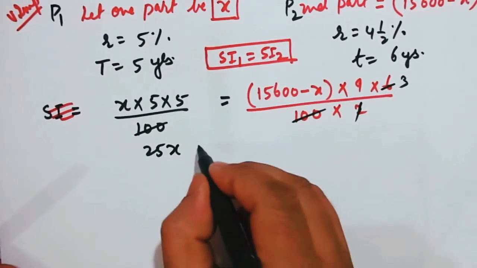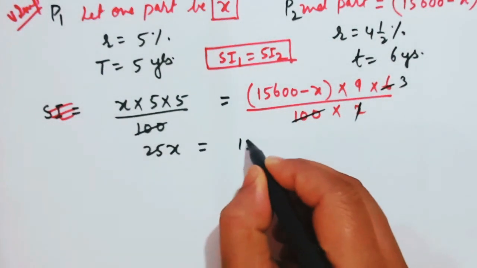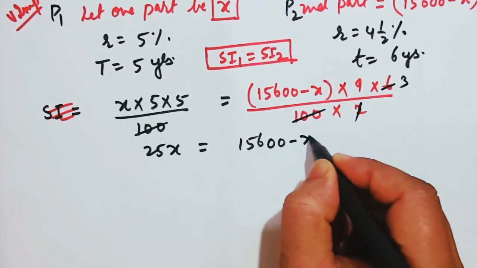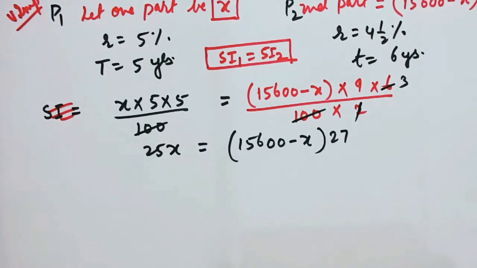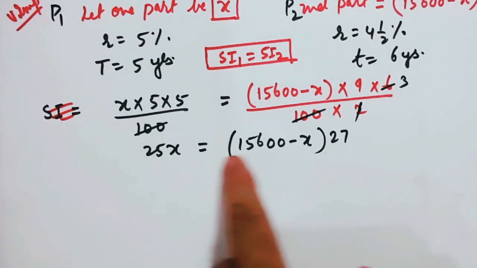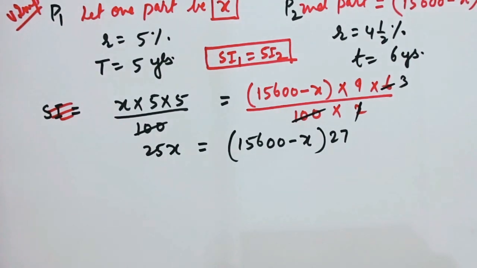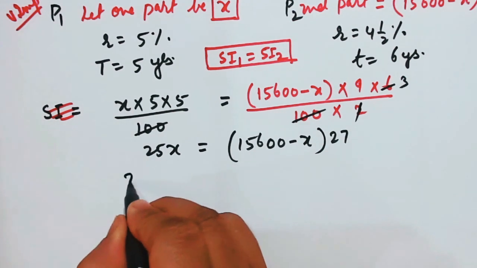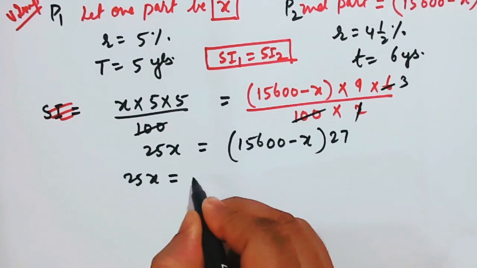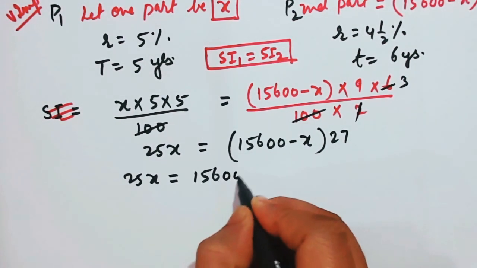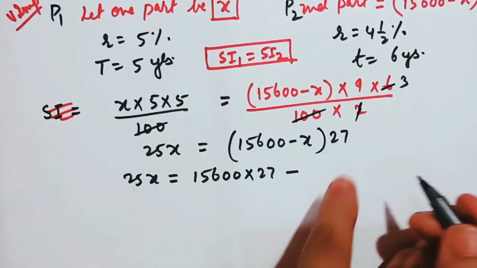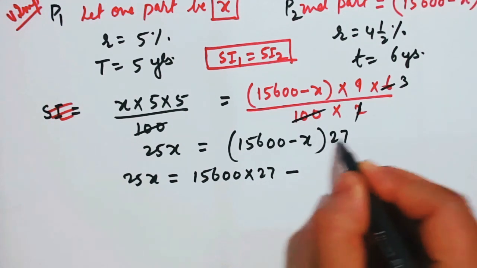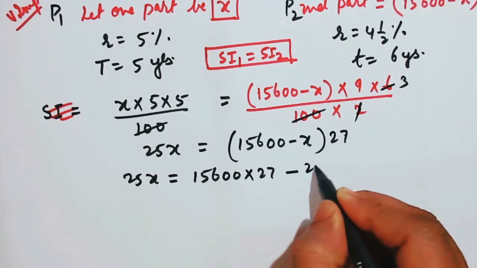So 25x is equal to 15600 minus x multiplied by 9 3s are 27. अब आप लोग सोच रहे होंगे कि you will have to multiply such a big number, and therefore your solution, or you can say the process will get complicated. नहीं यार, आजा. 25x is equal to 15600 multiplied by 27, ठीक है, minus with distributive law minus 27 into x is equal to minus 27x.